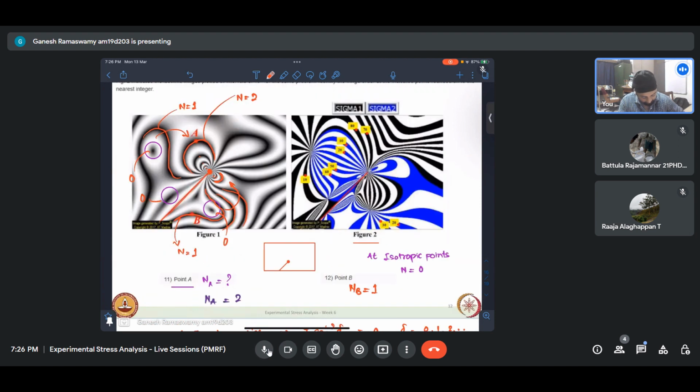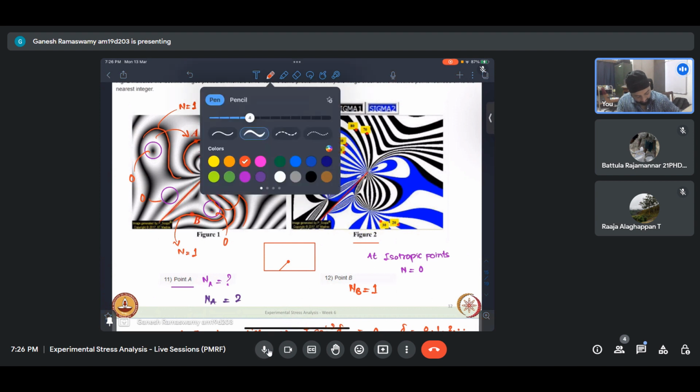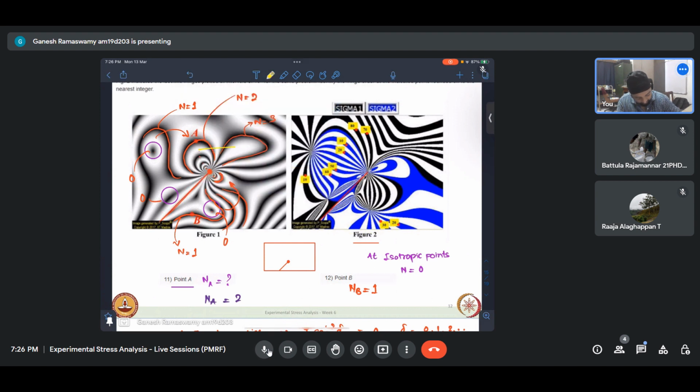We know that, for example, let us say this is 2. So I know that this is fringe order 3. This is n equal to 3. Now if I were to draw a line, let me take a yellow line here, from my understanding of continuum mechanics, I know that somewhere midway between these lines, n has to be somewhere between 2 and 3 only.